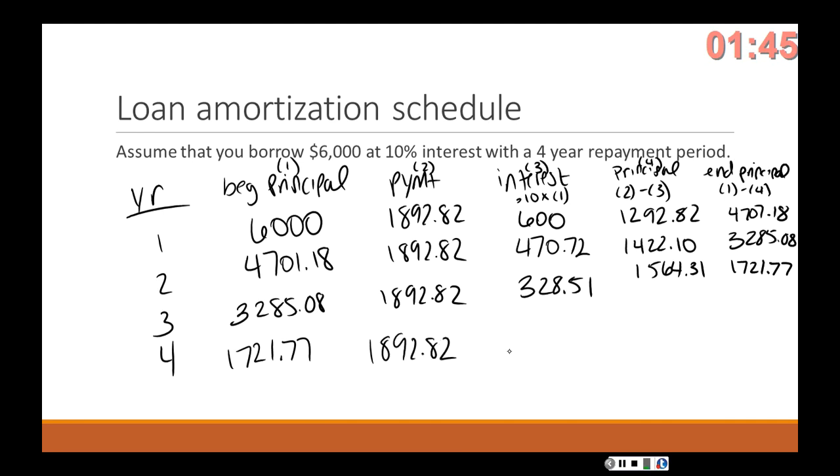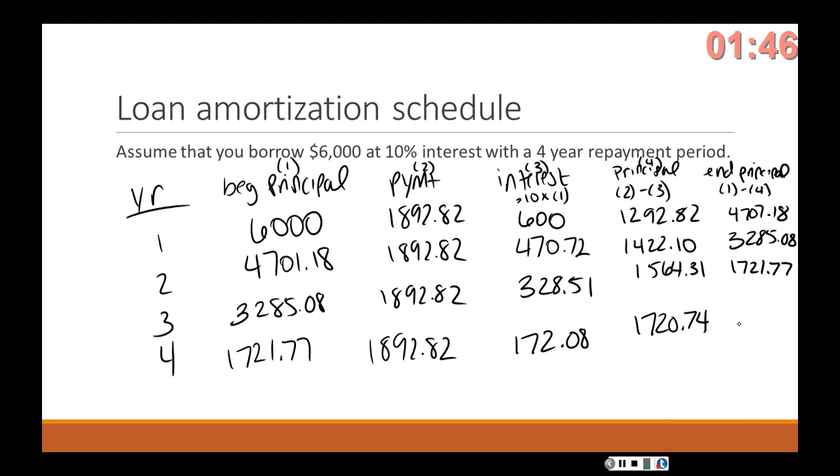The amount of interest that you're paying is $1,721.77 times 10%, so $172.18. The amount that goes towards principal is the loan payment minus the amount going towards interest, so $1,720.64.